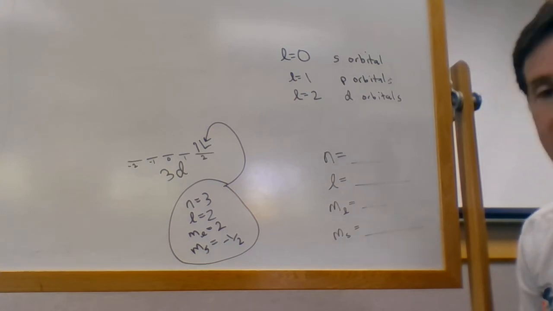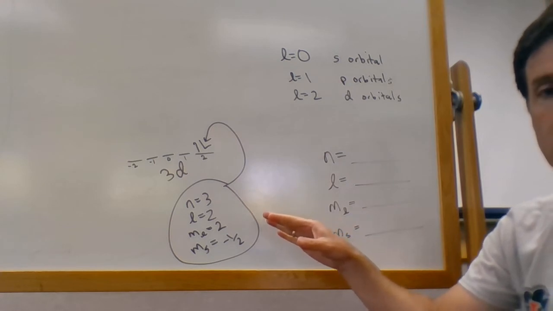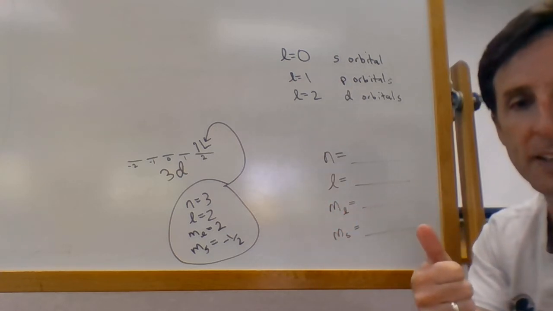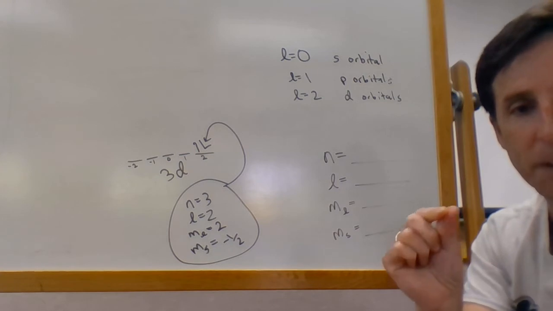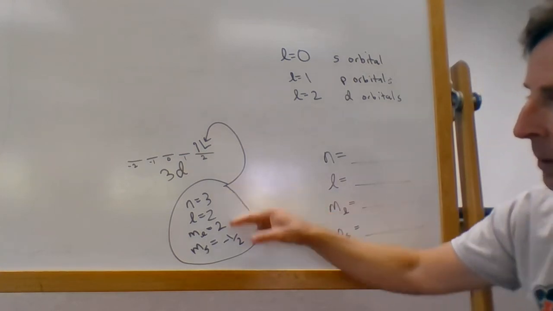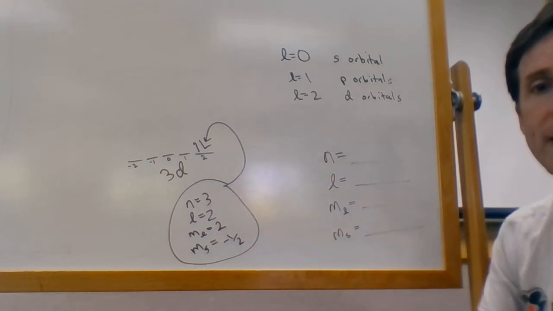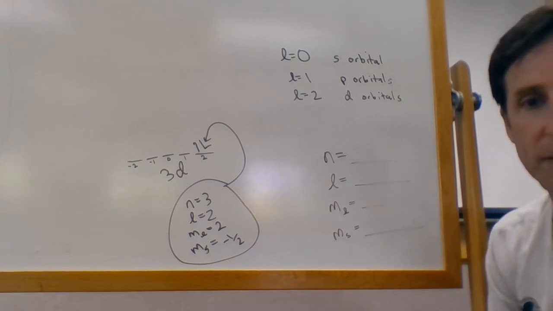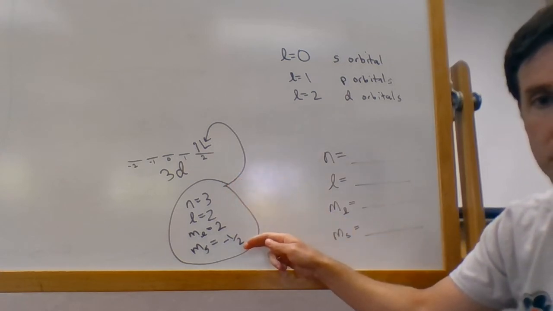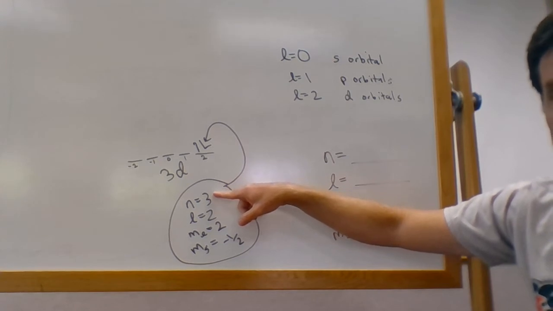Now, every electron in an atom, if you look at its quantum numbers, it's almost like your fingerprint. They say that every person in the world has a different fingerprint that could be used to identify them. The quantum numbers are like the fingerprint of an electron. If I have a uranium atom that has 92 electrons in it, every electron will have a unique set of quantum numbers. Some of the electrons might be in the 3rd shell, but some of them will be in s, p, or d orbitals.